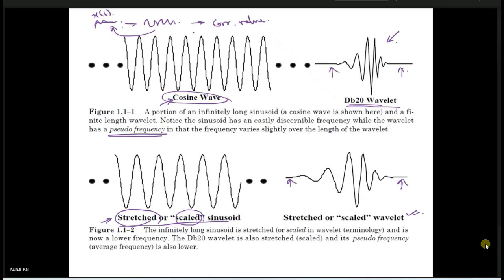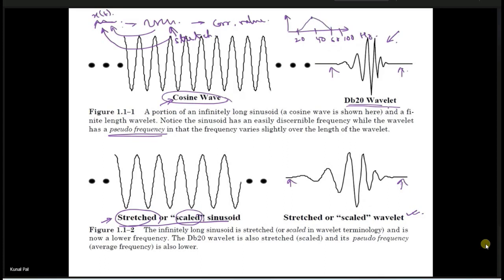Then we stretch this signal and do the correlation with x(t) with the stretched signal, and in this way we continue. Now suppose the signal has frequency components of 20, 40, 60, 100. Suppose the signal has a frequency component of 40 hertz, then at 40 the correlation value would be very high, and at other frequencies you will have 0 terms.